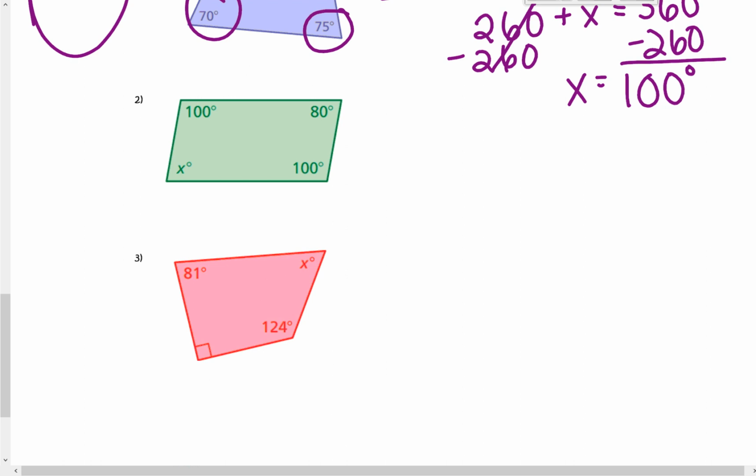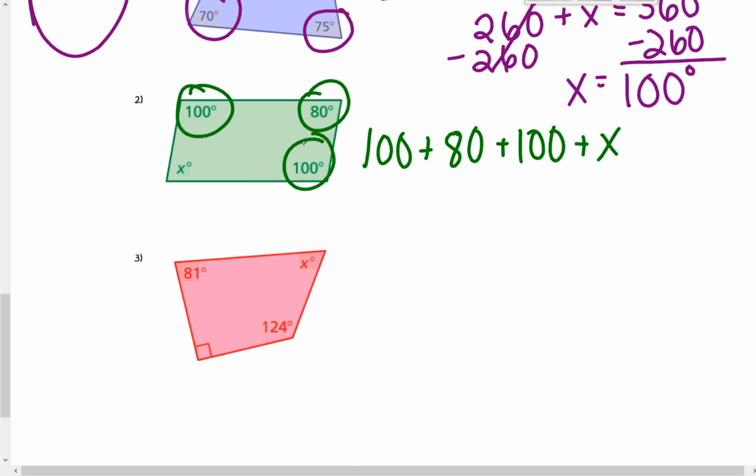All right, example number 2. Again, we know that these angles inside a quadrilateral add to equal 360. So our equation is going to be 100 plus 80 plus 100 plus x, and I got those numbers from the angles that are given, and then our missing one, which equals 360.